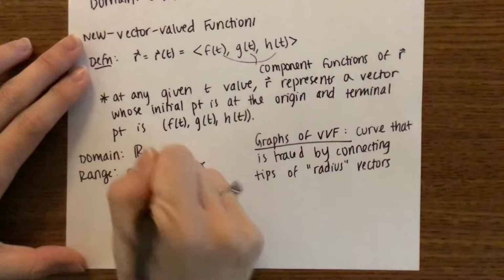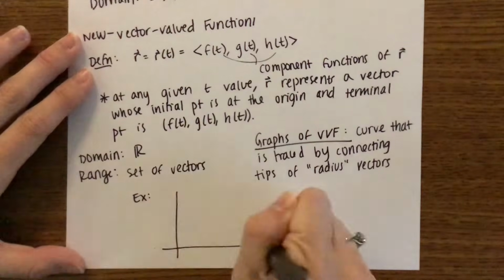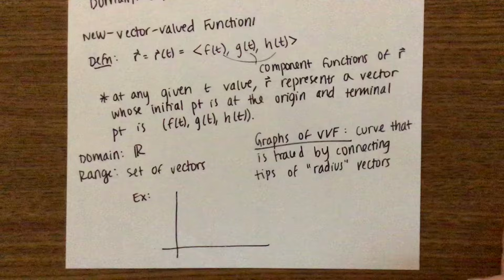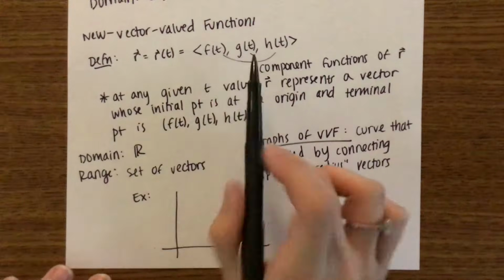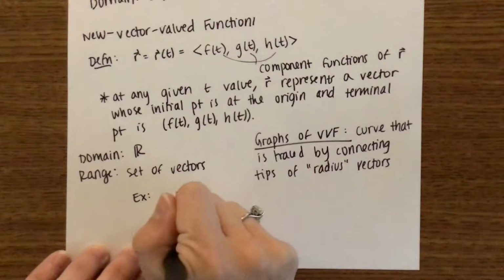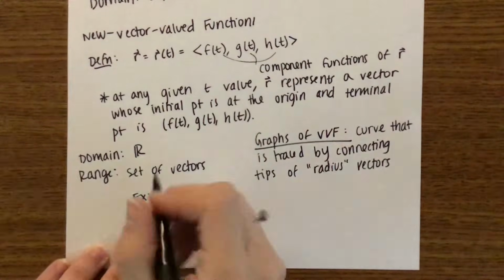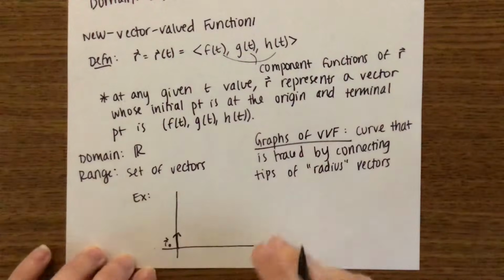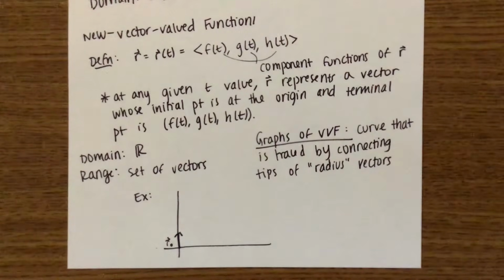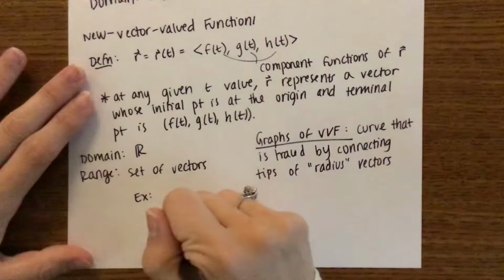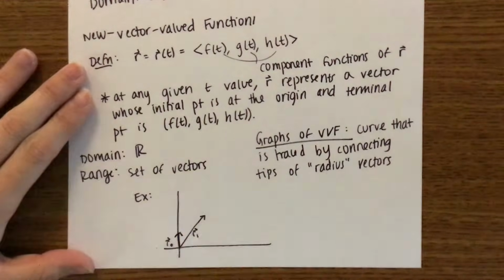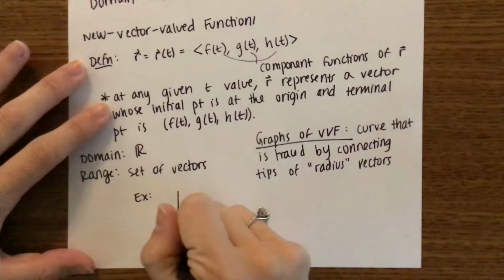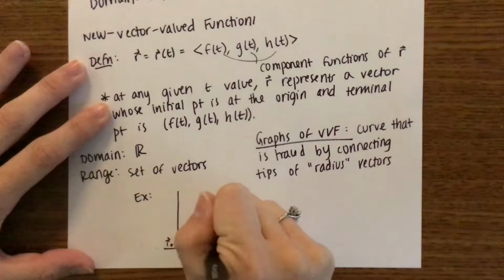So here is an example. So with that r of t, what you're going to be doing is you're going to be plugging in different values of t. So let's say you plug in t equals 0. That might give you this little vector right here. So let's say that that's r of 0. So that's what I get when I plug in t equals 0. Then I might plug in t equals 1, and I might get this vector right here. And then maybe I plug in 2, and I get this vector over here.